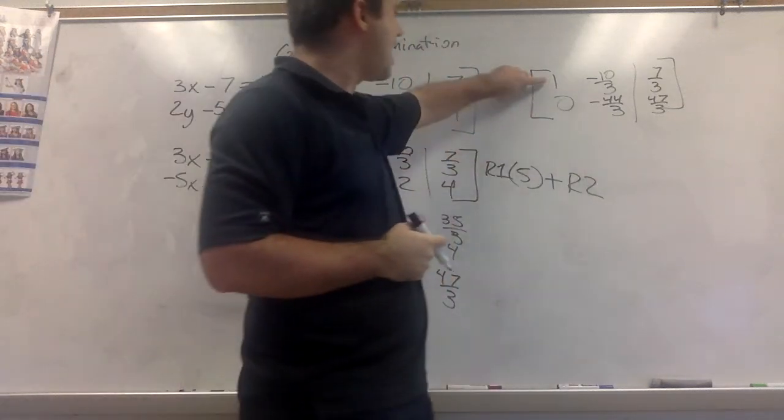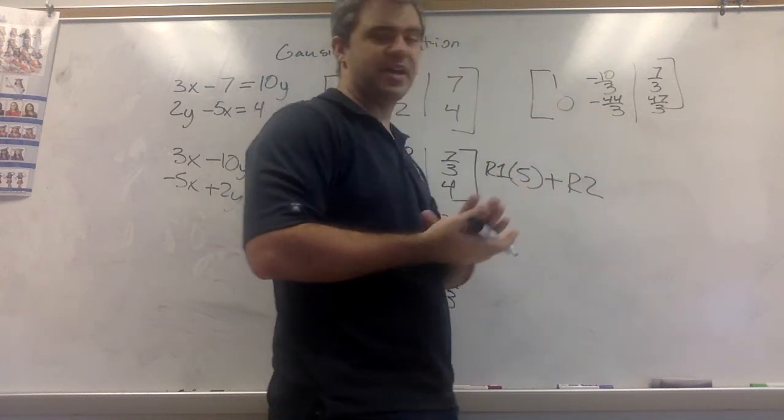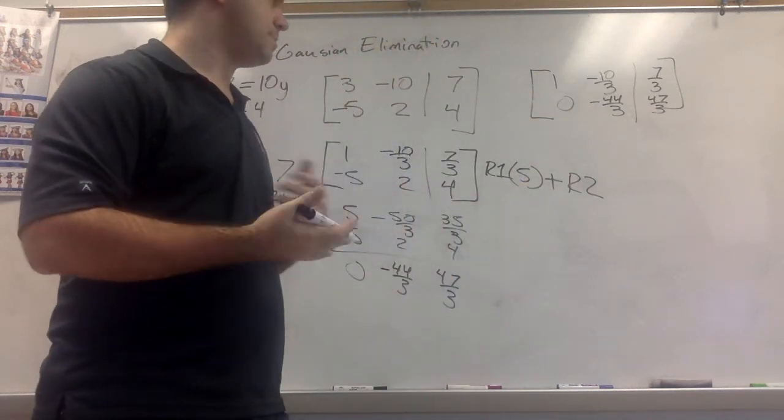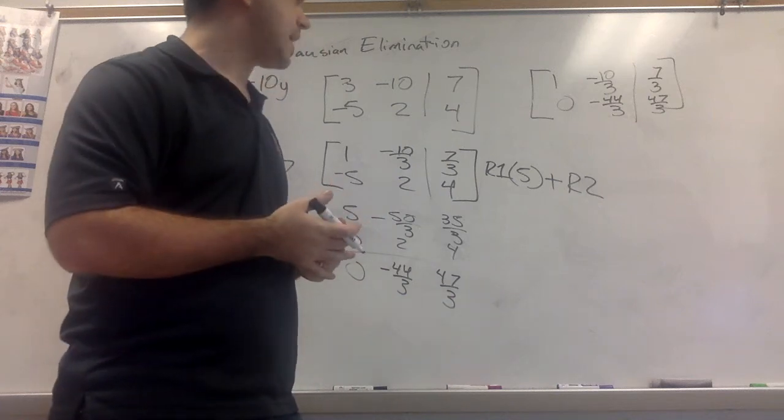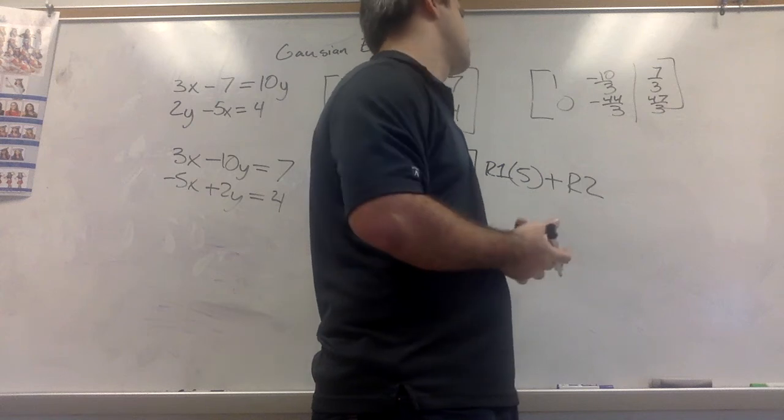All right, so I have my leading 1, and I have my 0 underneath. Now I need to turn this into a 1. So how do we do that? Well, I multiply this by its reciprocal.